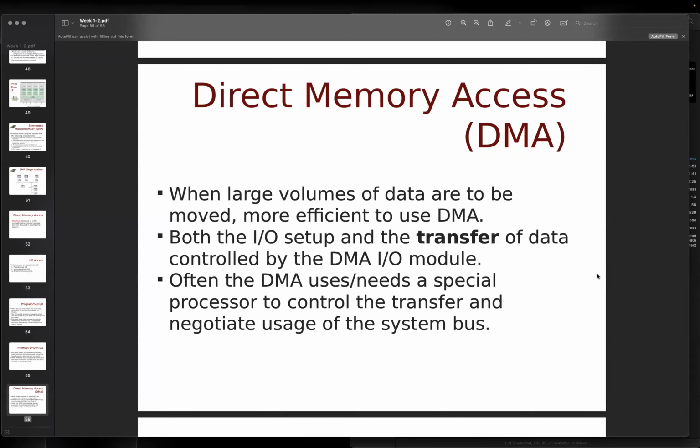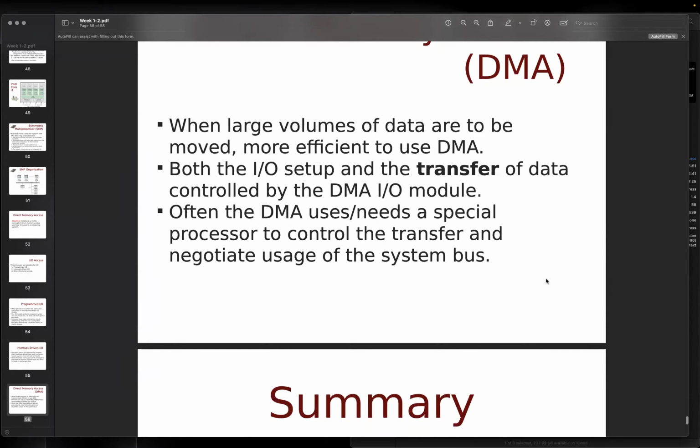If you had to wait for the file transfer to complete before your CPU could take another instruction, it would be wasting time. So it's better to let the modules handle it. Of course, we may use a special processor to control the transfer and negotiate the usage of the bus, other than the regular multi-core CPU, so we don't have to wait and can keep processing other instructions. So it's called DMA, direct memory access.